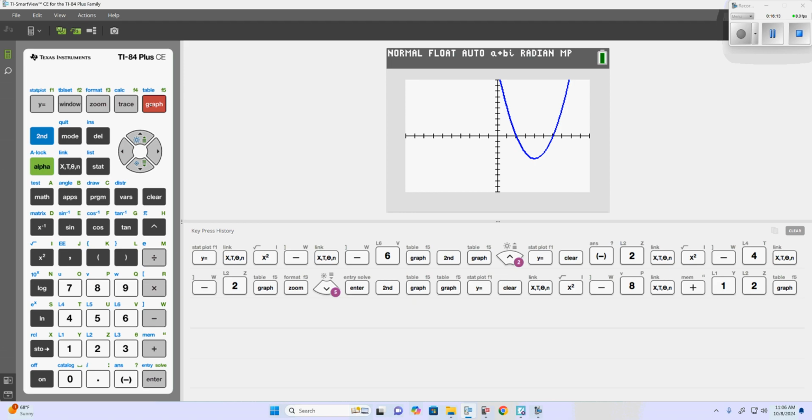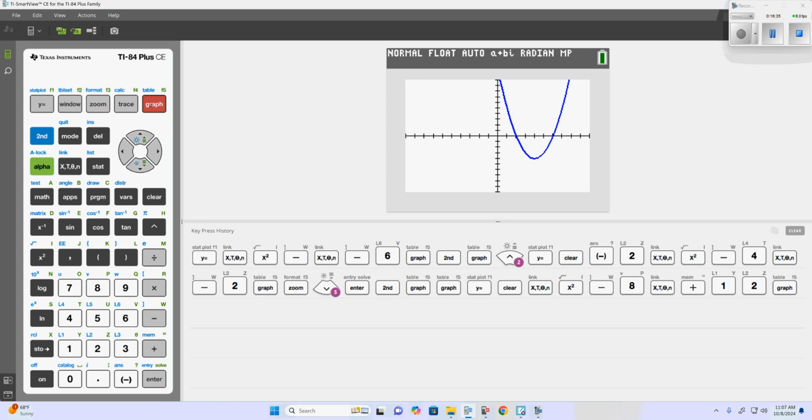Once we get it typed in, you'll go on and hit graph. How many times does it intersect or cross the x-axis? Twice. We see 2 places there. Are they positive or negative values? Positive. So we're going to look for 2 positive values.